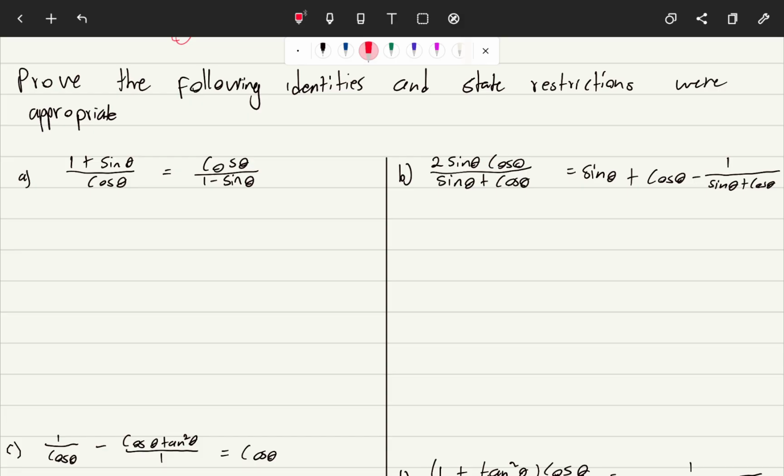Cool. We have this one, so we're now proving the identities. One thing about proving identities is that you're trying to prove that the left hand side is equal to the right hand side. When you're doing that, you pick a side.